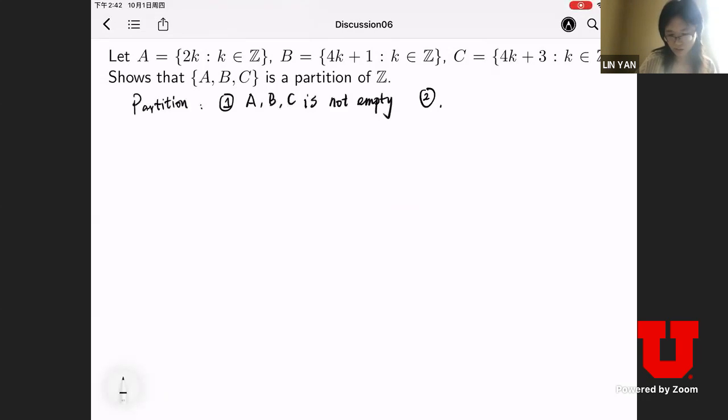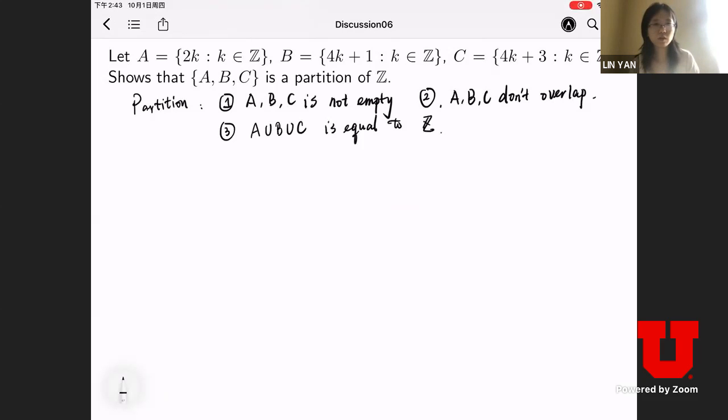Second, you need to show A, B, and C do not overlap. And third, you need to show the union of these 3 is equal to the integer set. So you need to have 3 steps in your proof.